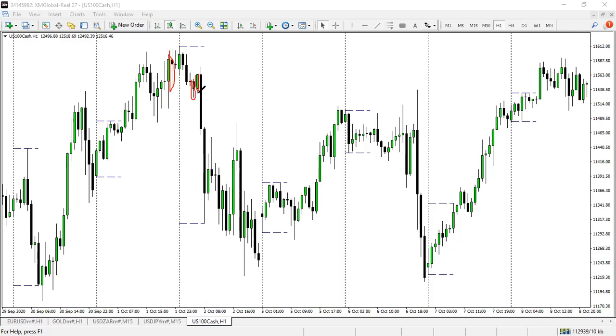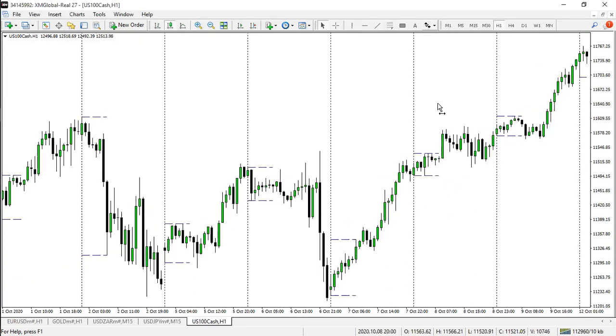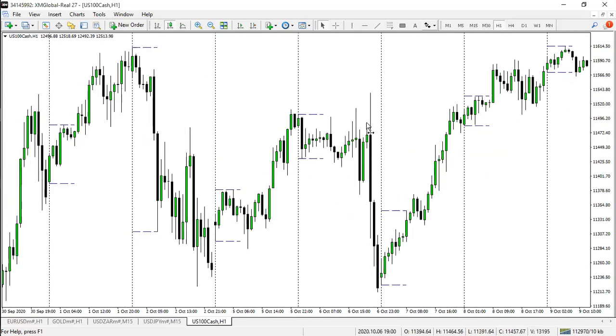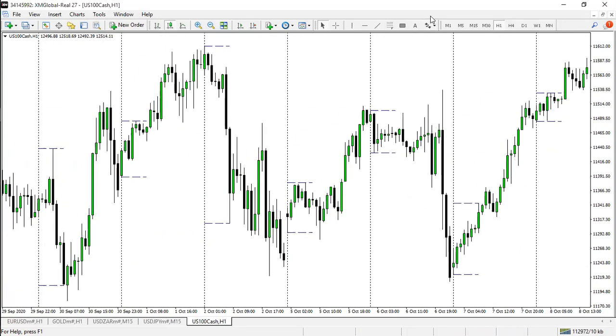So the confluence was right here. That's where the setup was going to be. But the majority of the time it's just a breaker, mitigation block. And what did I say about mitigation blocks and order blocks? They're always together, 95% of the time at the same level.